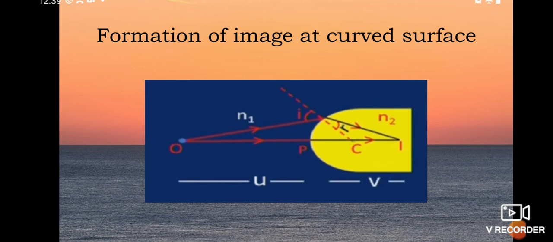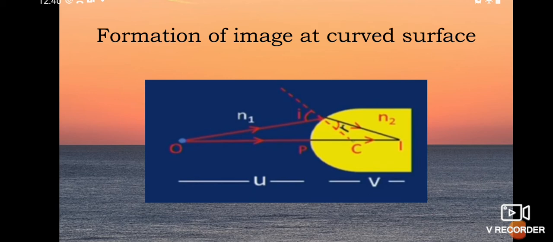and keep the terms, meaning center of curvature and pole, and draw a light ray from the point O, meaning the object, and then draw another light ray, then if you draw the normal to the two rays, the angle of incidence is i and the angle of refraction is r.